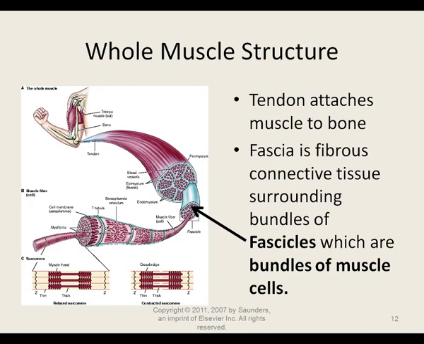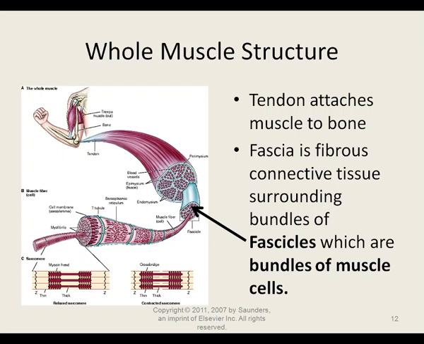So let's look at the whole muscle structure. If you look at the diagram at the left, this is a diagram that you're going to need to spend a little bit of time with to understand it. If you take a whole muscle off of a bone, notice that it is attached to the bone via something called a tendon. The tendon is connective tissue. The muscle itself is skeletal muscle tissue.